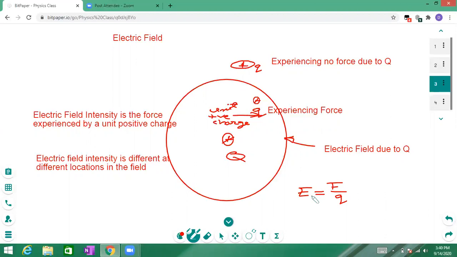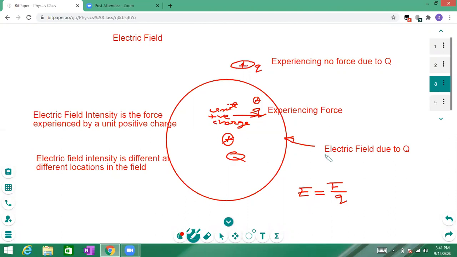So whatever be the magnitude of the charge, if we divide the force experienced by the charge by the magnitude of the charge, we get the electric field intensity at that point.